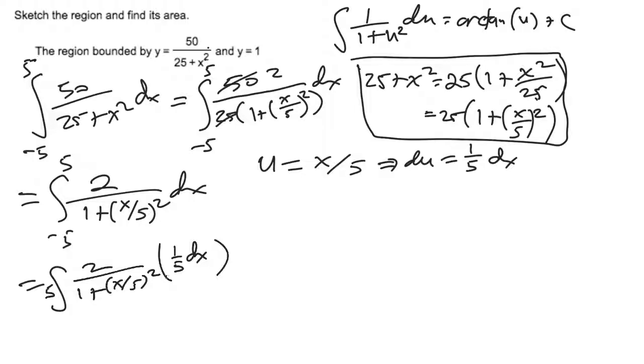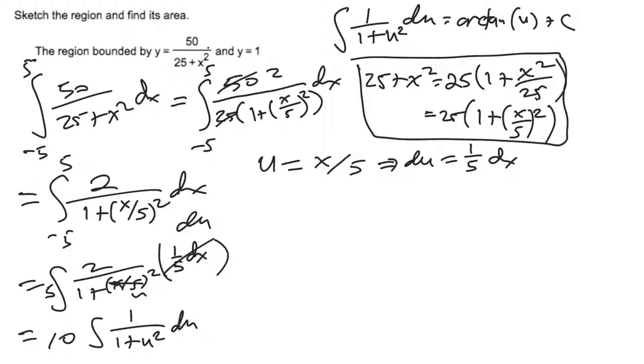But notice that this is just du. This is just u. And of course the 2 is just a constant, so I can bring that out as well, which gives me 10 times 1 over 1 plus u squared du. And that is exactly what my target was here. So I'll be able to use the arctangent as the antiderivative of 1 over 1 plus u squared.